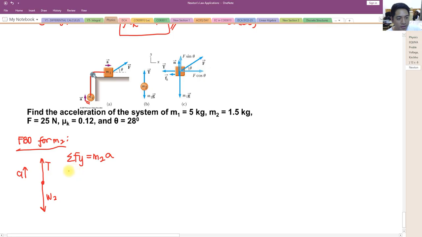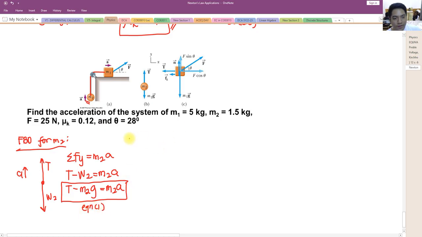So the summation of Fy: T minus W2 equals M2 times a, of which the weight is M2g, so T minus M2g equals M2a. That will be our equation 1. Just leave it there. This is our equation 1.